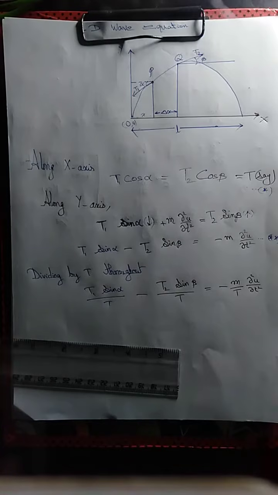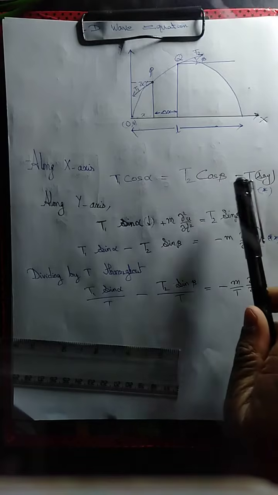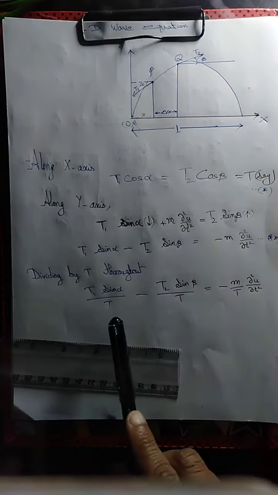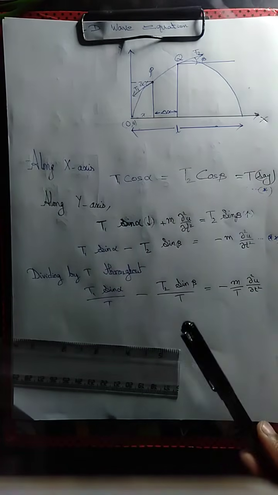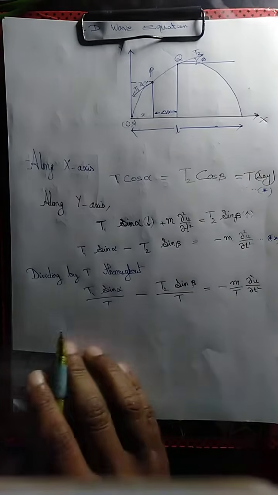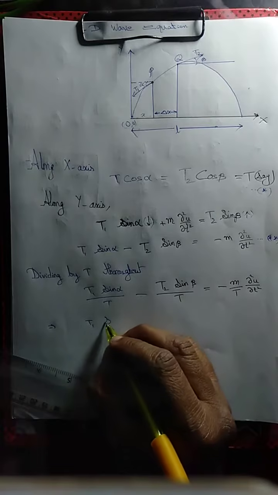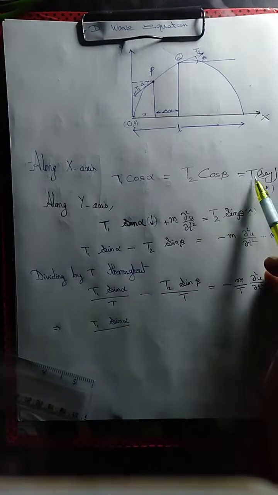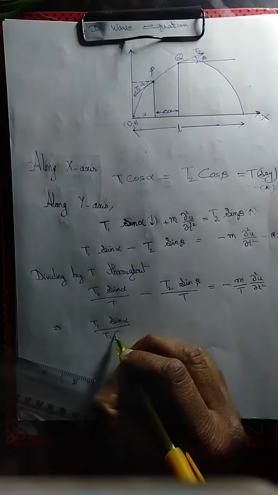But by equation star, T is T1 cos alpha as well as T2 cos beta. Well, instead of T I can write T1 cos alpha. Instead of T I can also write T2 cos beta. So in T1 sin alpha, in place of T I can write T1 cos alpha.